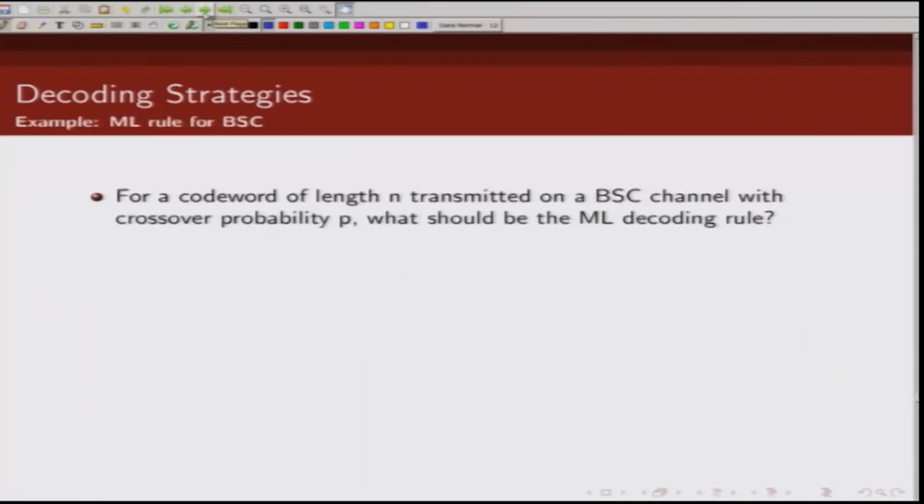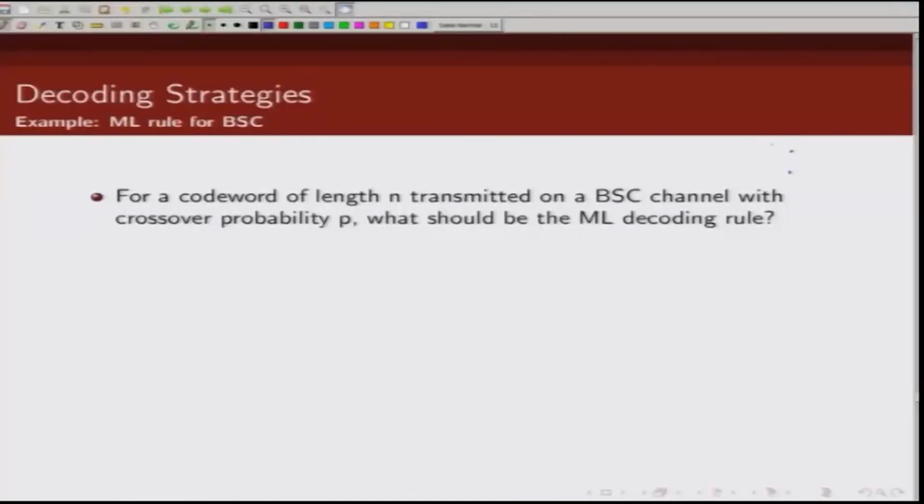Okay, let us take an example. We are interested in finding the maximum likelihood decoding rule for a binary symmetric channel. Recall what a binary symmetric channel is: there are two inputs, 0 and 1, and two outputs, 0 and 1. With probability 1 minus p I receive my bits correctly, and there is a crossover probability of p.